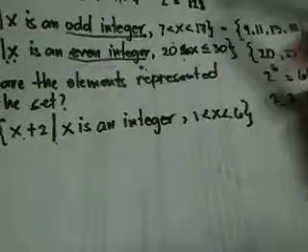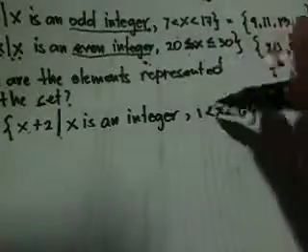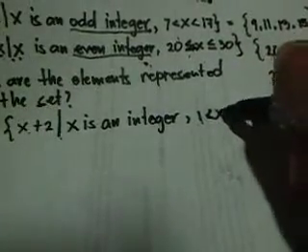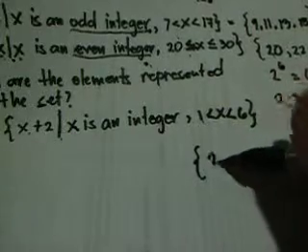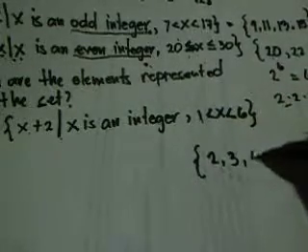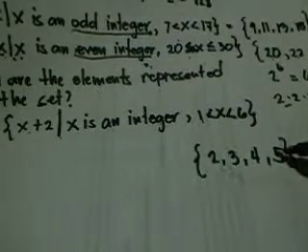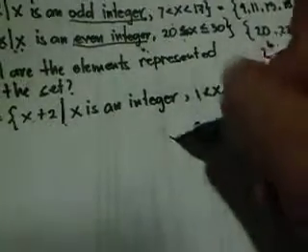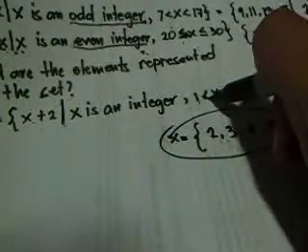So what are those integers where 1 is less than x is less than 6? We start with 2, 3, 4, and 5. 6 is not included.